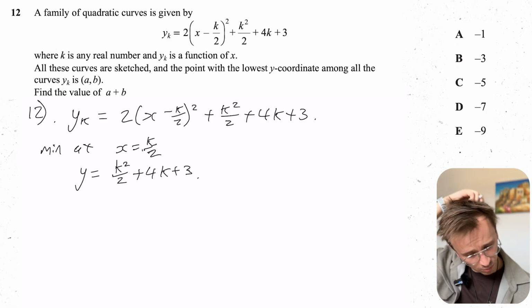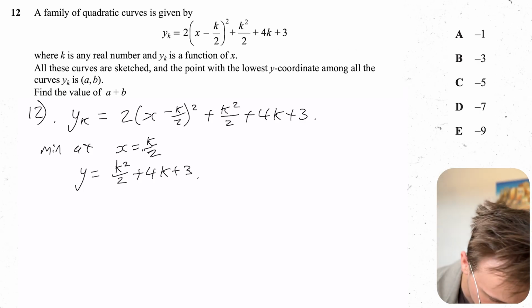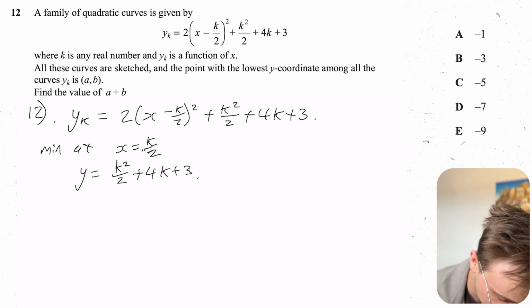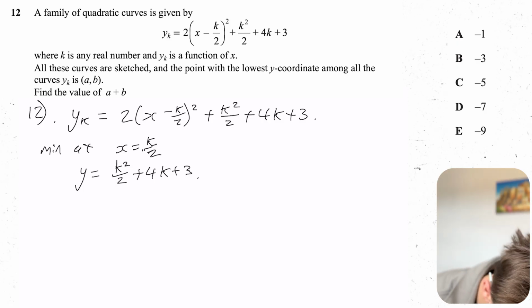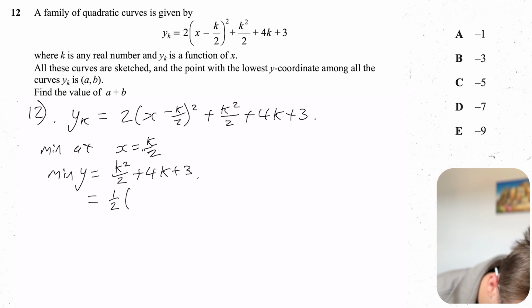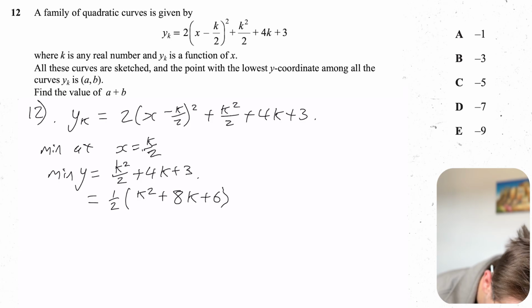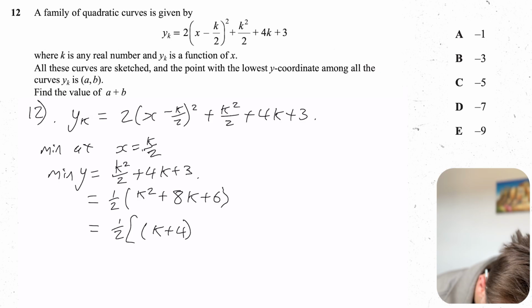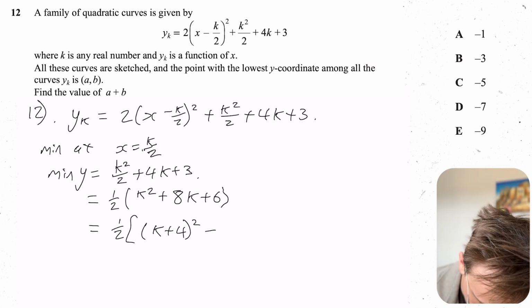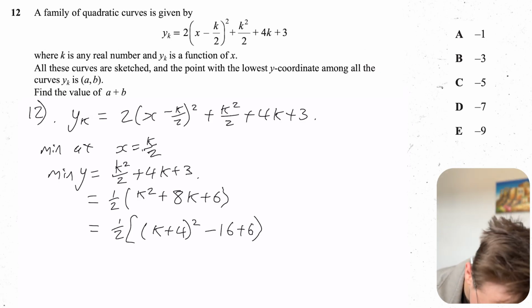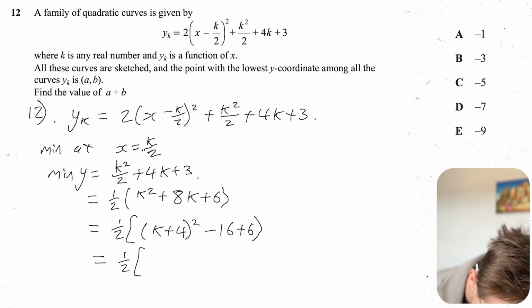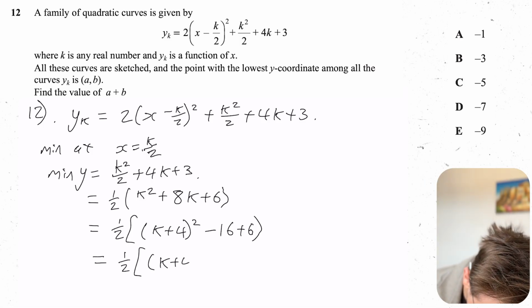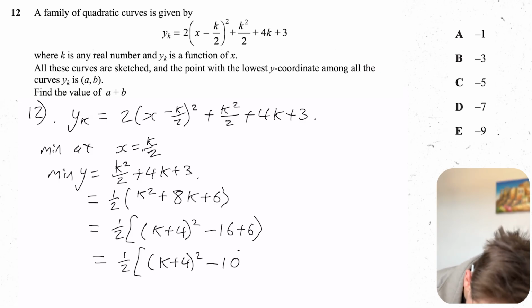And now instead of finding the minimum of x, I need to find the minimum of y, which again I could just complete the square for. Yeah, why not? Min y equals half k squared plus 8k plus 6, which is equal to a half (k plus 4) squared minus 16 plus 6, which is equal to a half (k plus 4) squared minus 10.